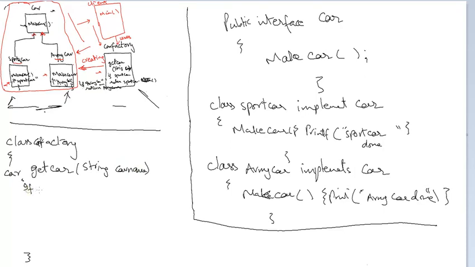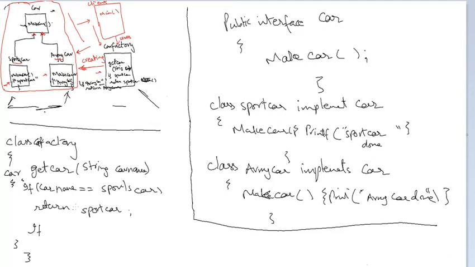So if car name, there's a bracket again, is equal to sports car, then return sports car object, or new sports car you can say.